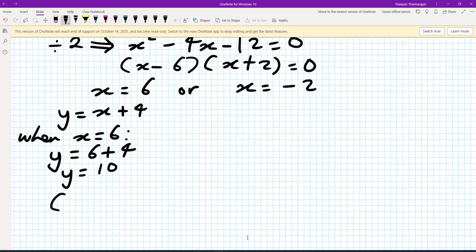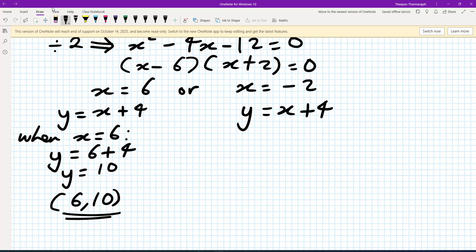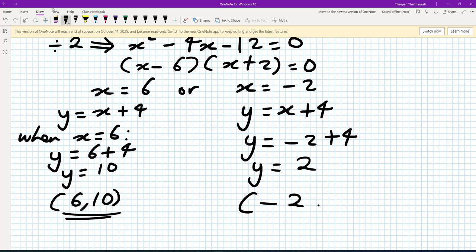So the first point of intersection is (6, 10). Then y equals x plus 4 here, and that's going to be (minus 2, 2).